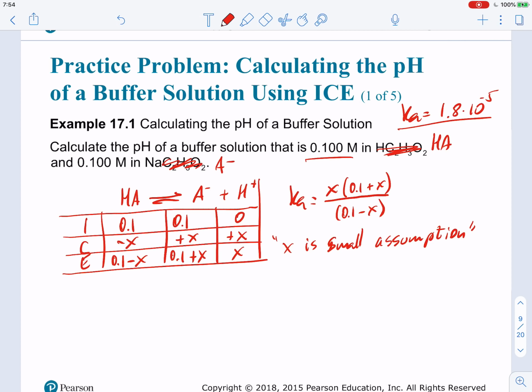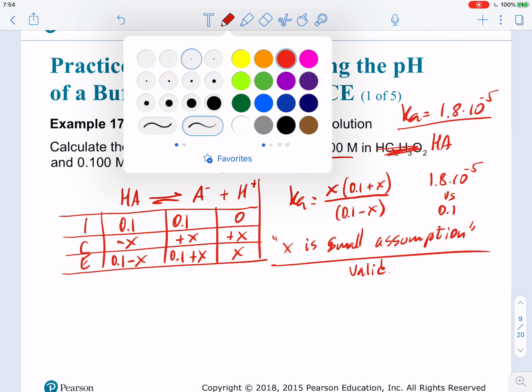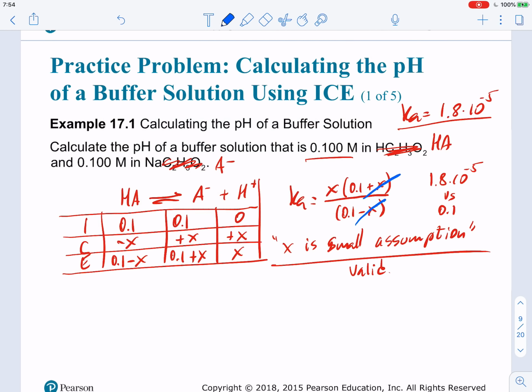But for the X is small assumption, we have to compare 1.8 10 to the negative 5 versus 0.1. And I see that there are 4 orders of magnitude difference between the concentration and the constant, so we are safe. We can assume that this is valid. Okay, that means this X and this X go away, so Ka is equal to X times 0.1 over 0.1, and guess what?